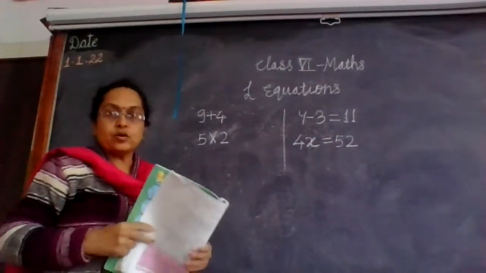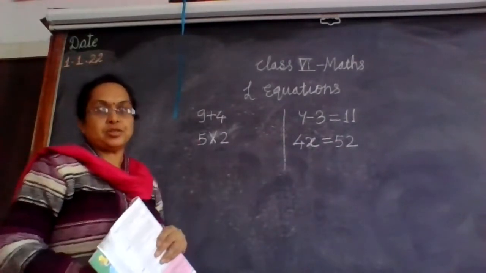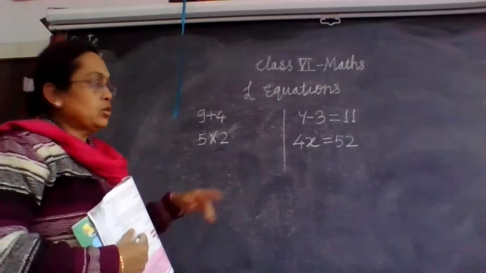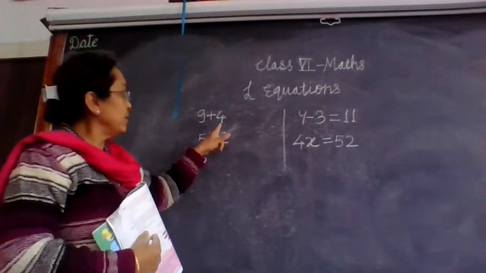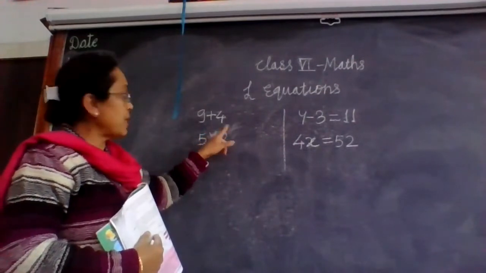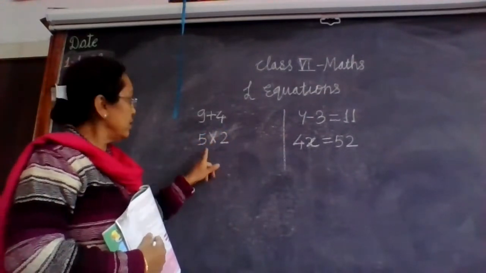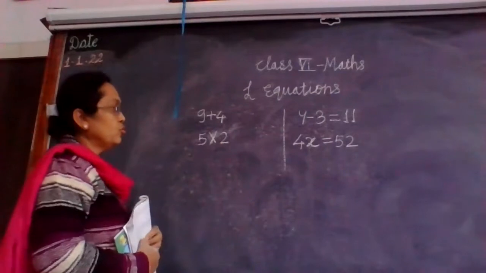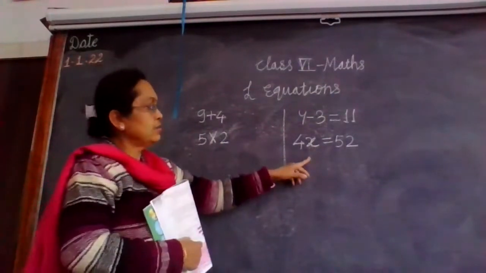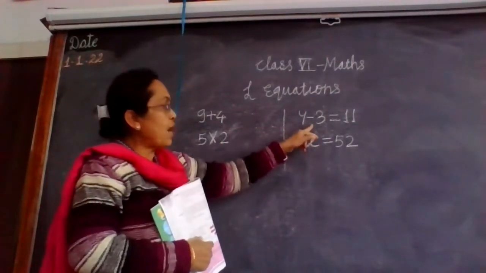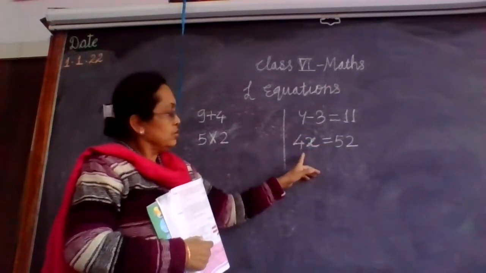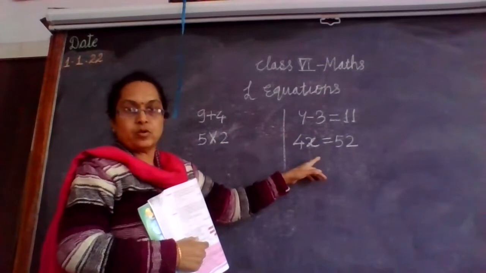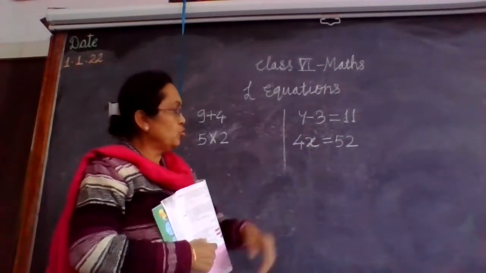Today we are going to see linear equations. Now here on the board I wrote some mathematical expressions. First is 9 plus 4. Second is 5 into 2. Now on the right hand side I wrote y minus 3 equal to 11. Second is 4x equal to 52.